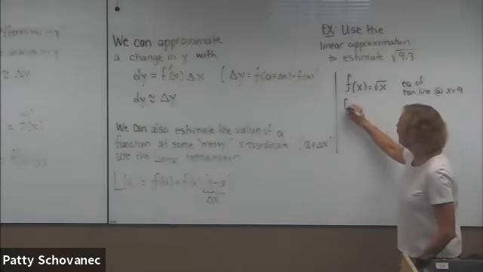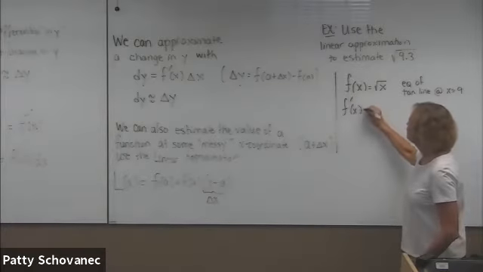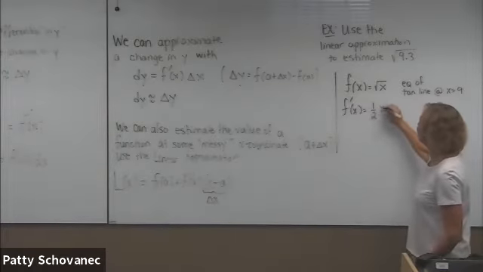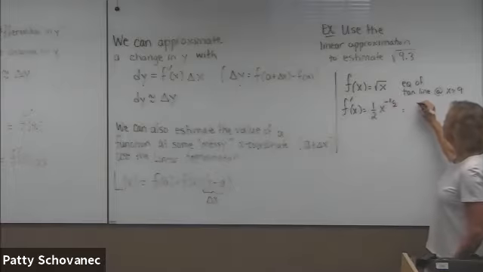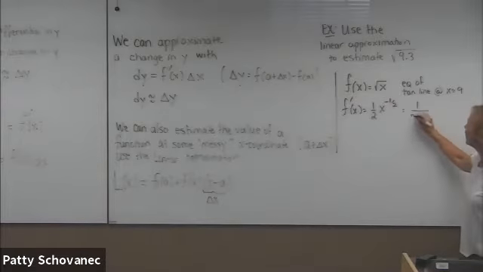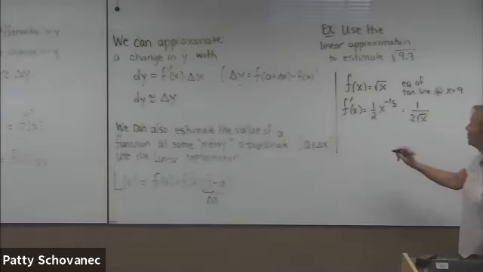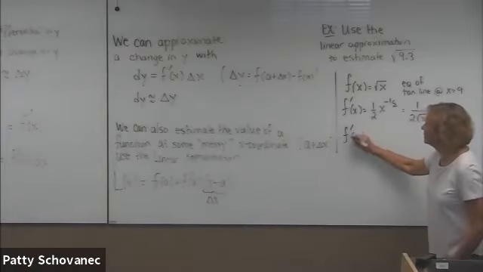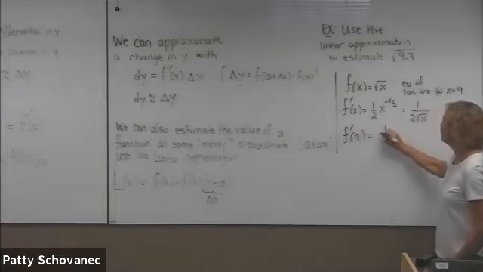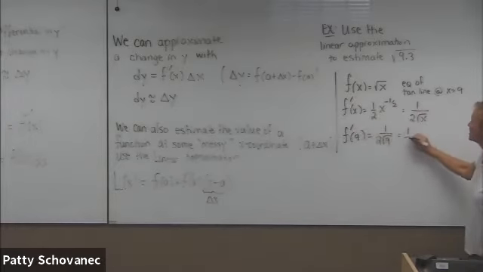That's x to the 1/2. So the derivative is 1/2 x to the negative 1/2, which is 1/2 times the square root of x. We're going to plug the 9 in there to get the slope. F prime at 9 is 1/2 times the square root of 9. So that's 1/6.